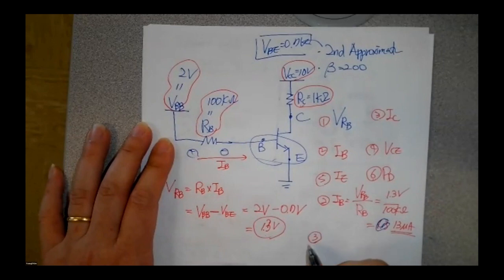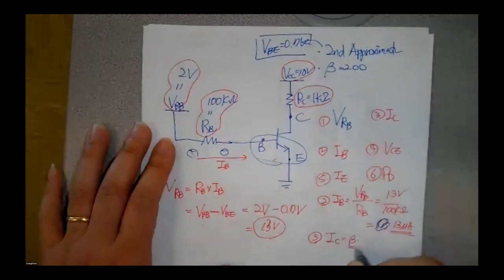And then question 3. What is the I sub C? What is the formula? Yes, right. The beta, not B, okay?